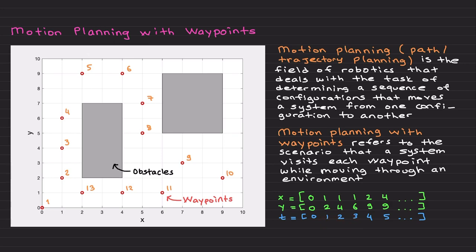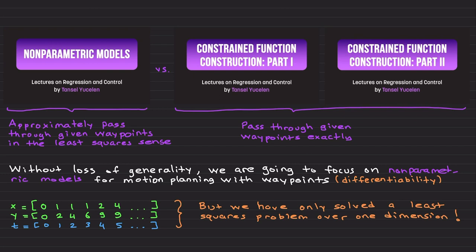All right. Now, this is a curve fitting, and we can use the materials that I cover in these lectures on regression and control. Basically, you can use non-parametric models, or you can watch these videos, constraint function construction, part 1 and part 2. So if you want to pass through given waypoints exactly, I would like to use the ideas from this constraint function construction.